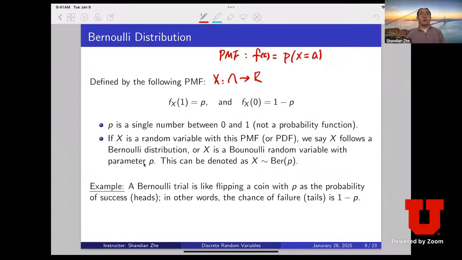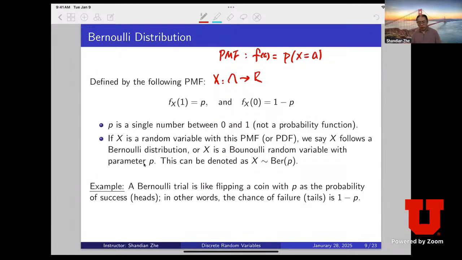It builds a mapping. So it maps your rolling die to some number, or you map whether you see snow in the morning or not to 1 or 0. It basically maps all kinds of random experiment outcomes to a real number, and then we can look into the mapped real numbers and see what the patterns and insights behind those numbers are.